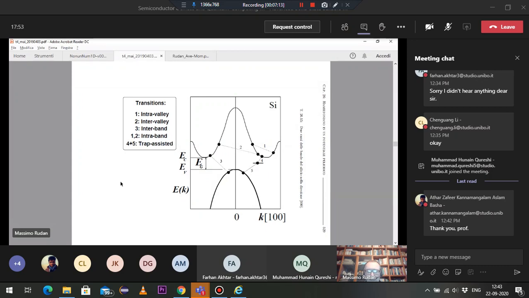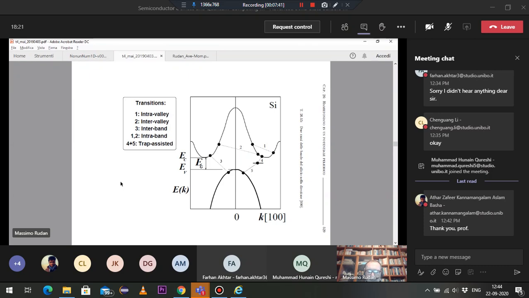And the relation between energy and momentum becomes a relation between energy and k. And in a crystal, this relation has the property of being periodic, so it is sufficient to consider it only within one period, and this period is the Brillouin zone.